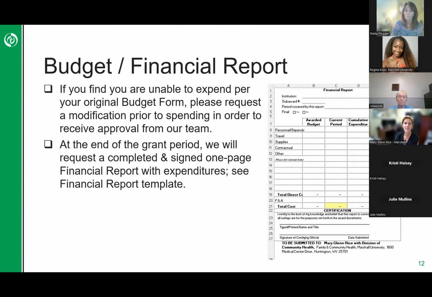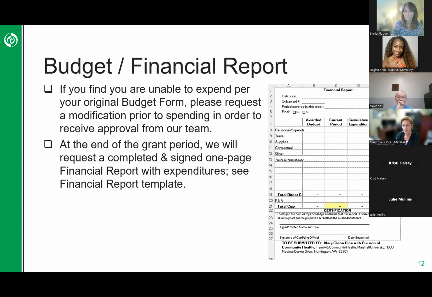And another item I'd like to go over is if, once you complete your budget, you determine later that you have other ideas or something didn't work out or purchases are not going to be able to be followed through.